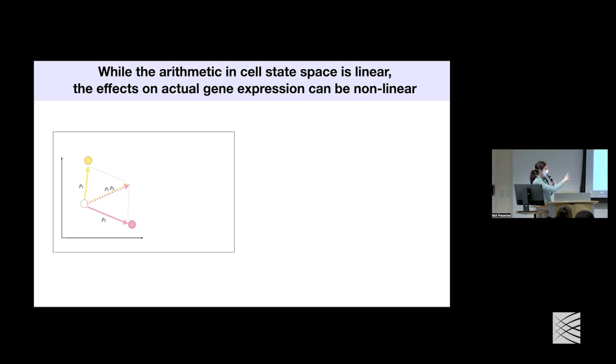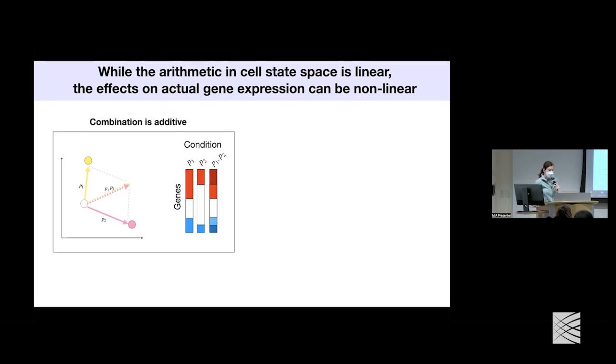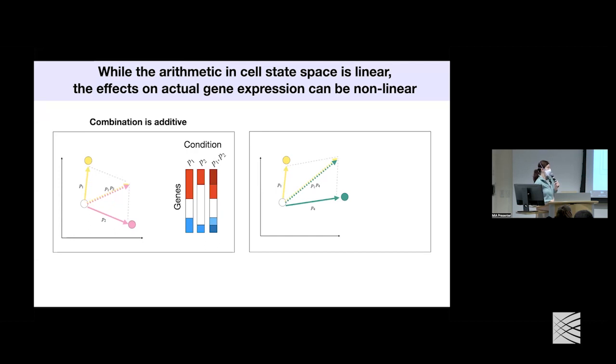Once the decoder takes each of these three cell states and maps them back to the gene expression space, in this particular case that I invented, they could be additive in the double perturbation. But there may well be a different combination of perturbations, like the same P1, but combined with another different perturbation.